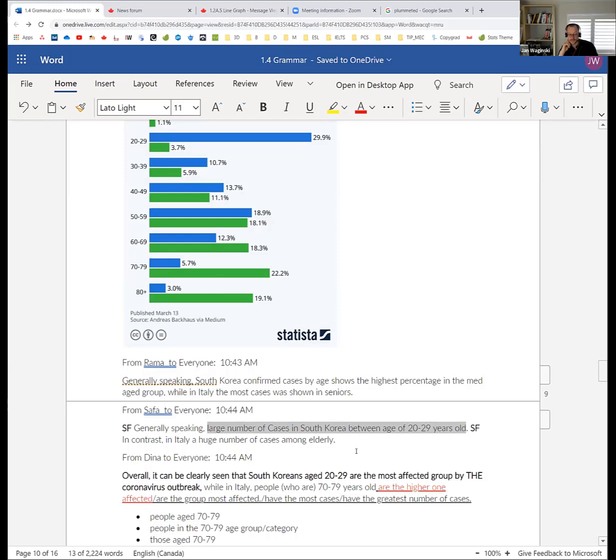Generally speaking is just a phrase, it's not a verb. It's a trick question. You are missing a verb.